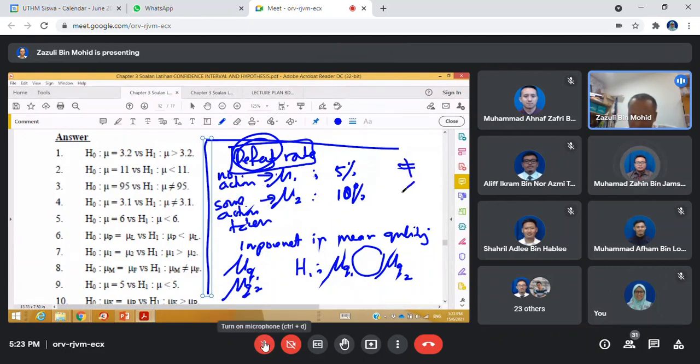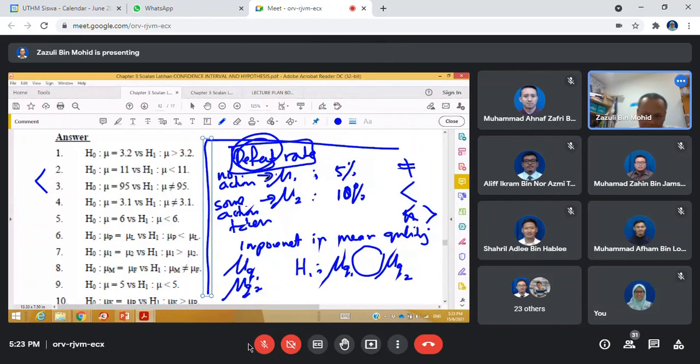Less than doktor. Adakah ni atau adakah ni? Quality improvement. Less than. Less than doktor.